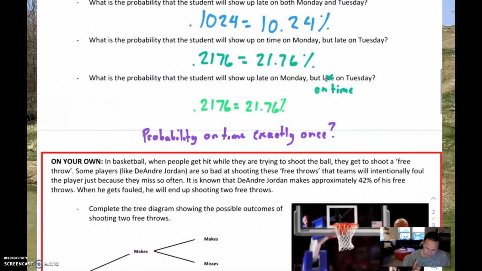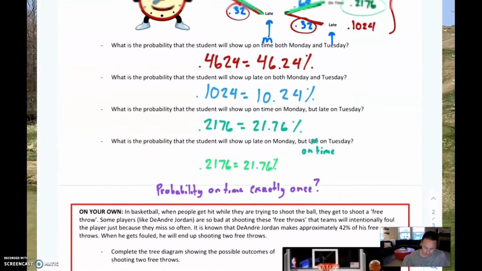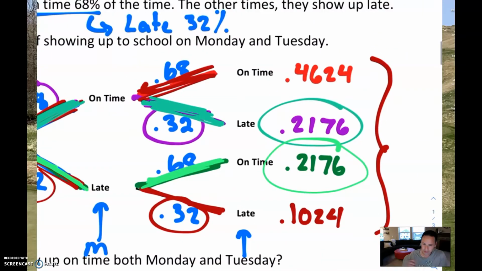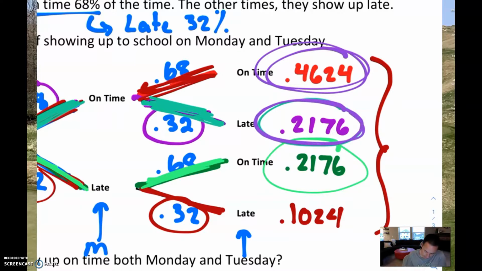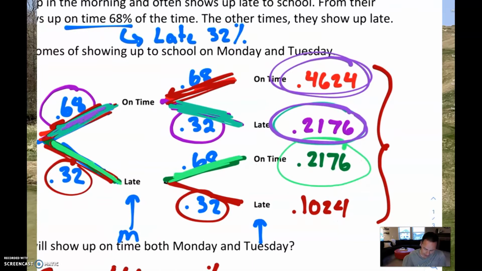Let's take a look and understand what each of these means. In this spot here, they were on time both days, Monday and Tuesday. Nice job. Under this scenario here, they were on time Monday, but then late on Tuesday. So here they were on time exactly once, one of the 2 days.